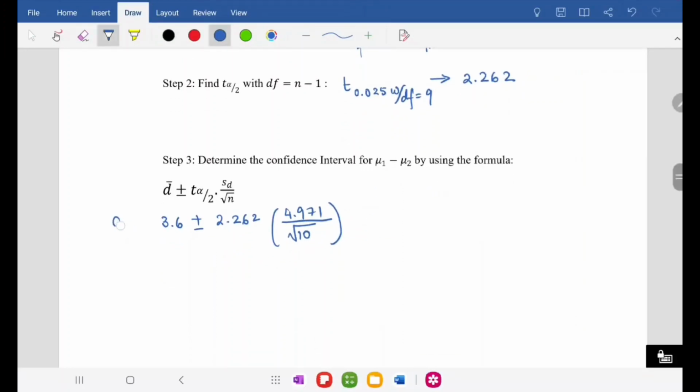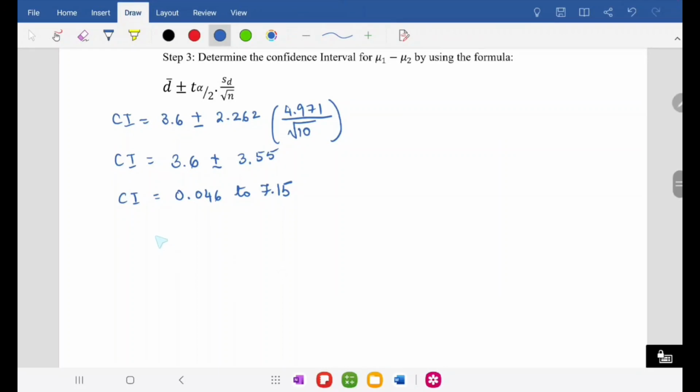So here we are finding the endpoints of our confidence interval, right? So 3.6, when we do this calculation of the margin of error, it's going to be plus minus 3.55. So the confidence interval is going to be equal to 0.046 to 7.15. All right, so that's our interval.